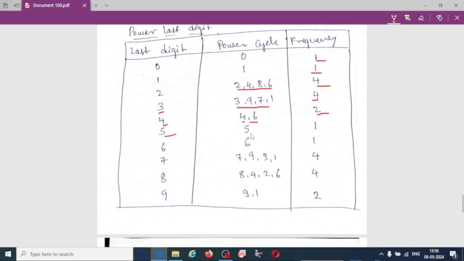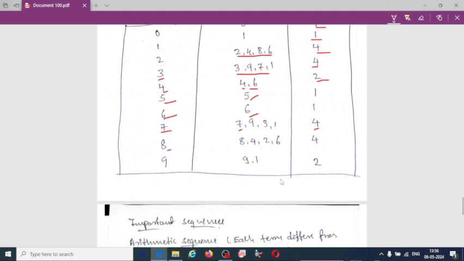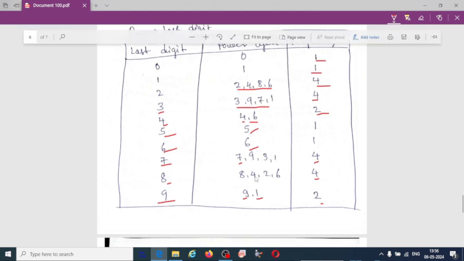For 5, only 5 will come. 6 also gives 6. For 7, you have again 4 numbers: 7, 9, 3, 1. The frequency is 4. For 8, it is 8, 4, 2, 6, frequency 4. For 9, it may end with 9 or 1, so 2. So this table you must practice here.